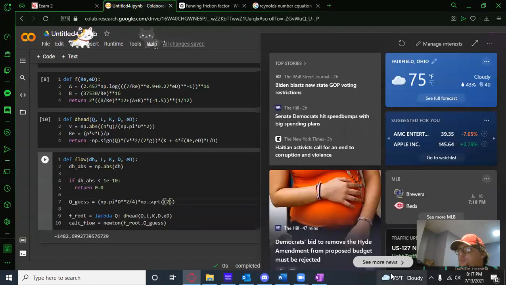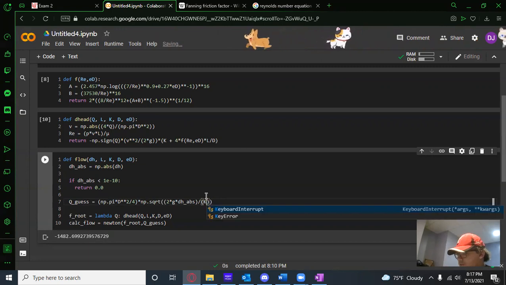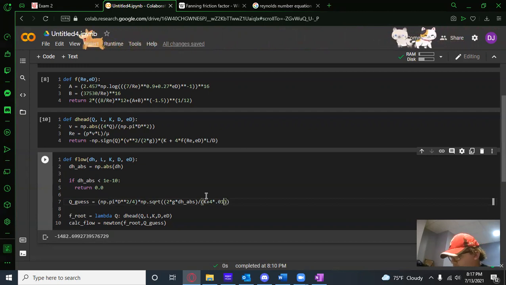So 2 times gravity times our delta head absolute value. We're going to divide that by our K value plus 4 times 0.01. I'll explain that in a second. Times length divided by diameter.